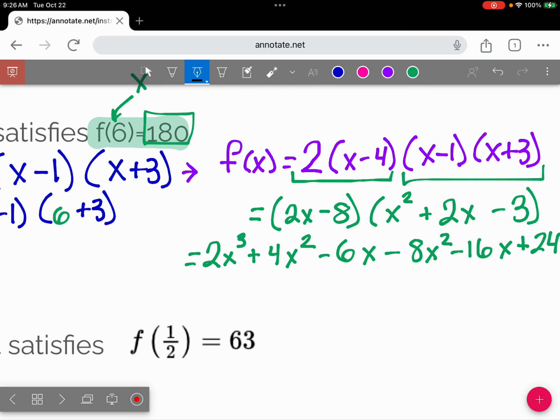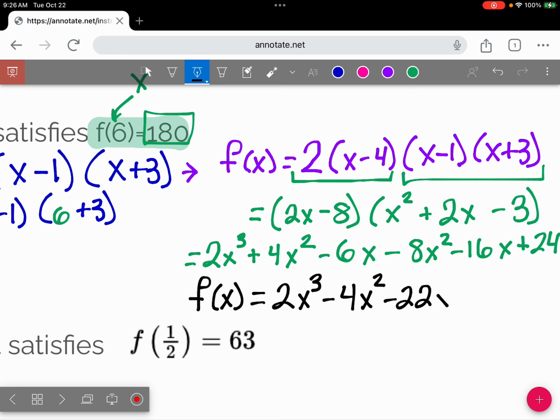So let's combine our like terms. Our f of x is going to be what? 2x cubed minus 4x squared. Plus 24.